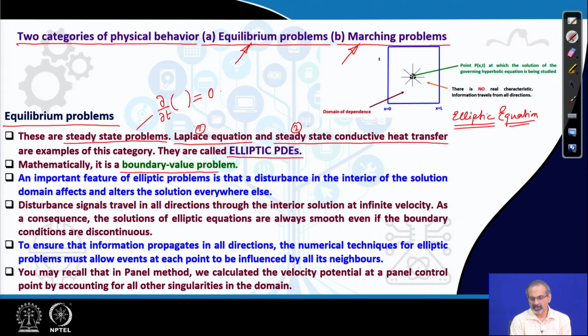Now, these are boundary value problems. As we said, the entire domain is bounded. So, this is essentially the boundary of the domain, and you have to impose boundary conditions all along the boundary when you solve this problem.